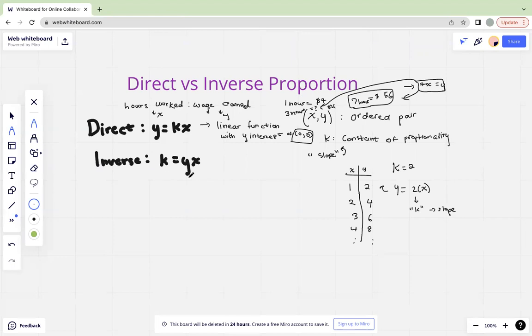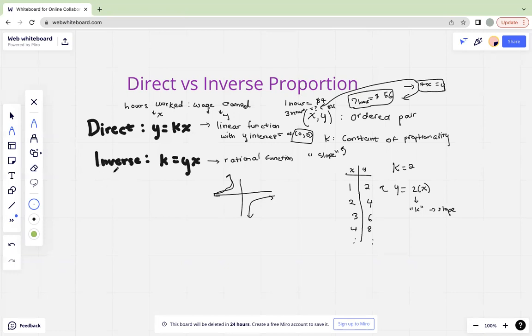Now let's think about inverse proportion. This one is a rational function. I'll be doing a video on rational functions later on, but it's important to understand that inverse functions look a little something like this, with there being asymptotes.